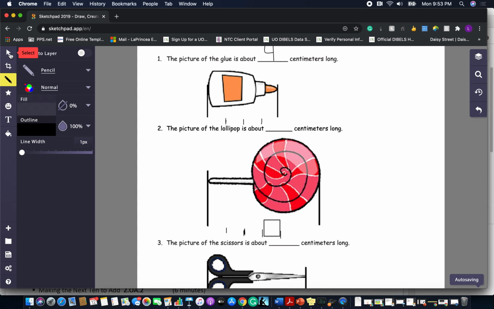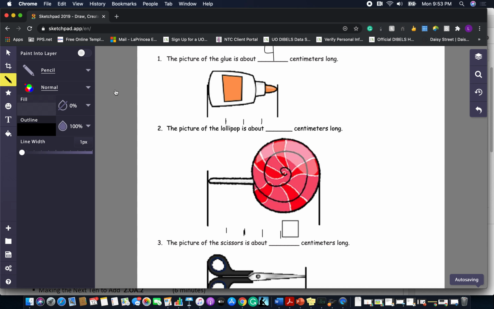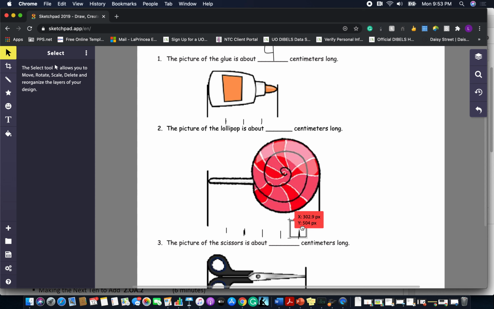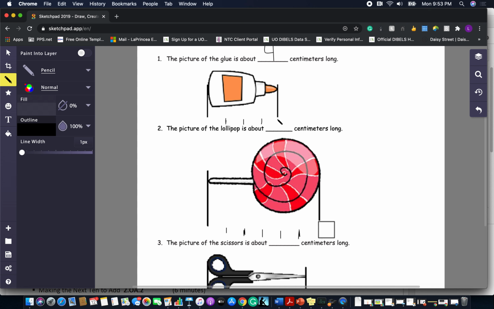Okay, just keep marking and keep moving, and you can fast forward through this until you see the end of it. And then I'm assuming that this last little spot here will be as much as it can fit. So this was 1, 2, 3, 4, 5, 6 spaces. So this one is about 6 centimeters long.